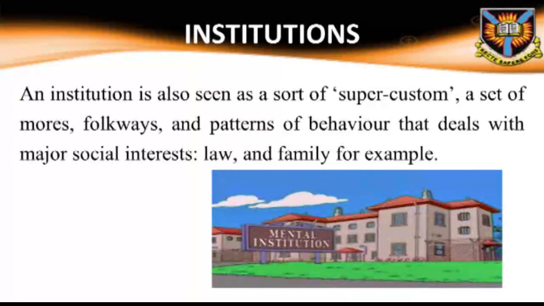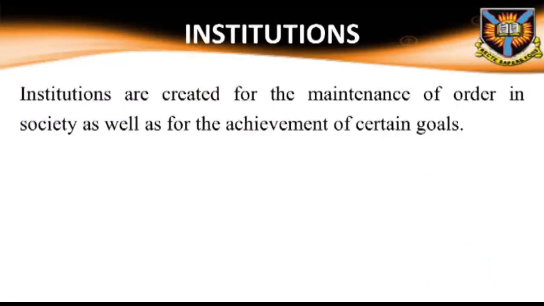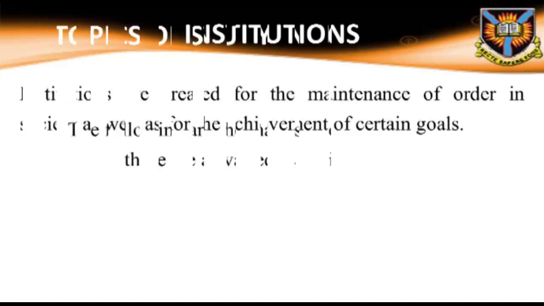Thus, a social institution consists of all the structural components of society, through which the main concerns and activities are organized, and social needs, such as those for order, belief, and reproduction, are met. Institutions are created for the maintenance of order in society, as well as for the achievement of certain goals.